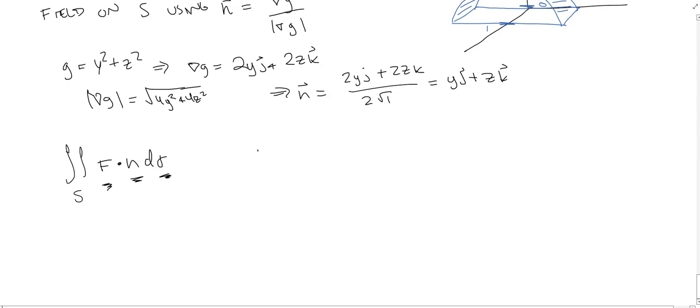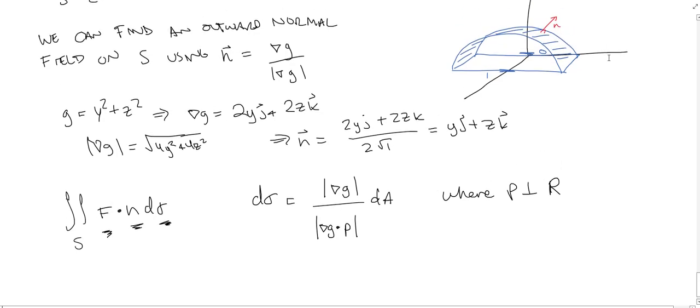So a reminder that our surface area differential for this form is going to be the magnitude of the gradient of g divided by the magnitude of the dot product of the gradient of g with p, dA. And real quick from last time, p is a vector that's normal to r, where r is the region, like our shadow, that we integrate over.